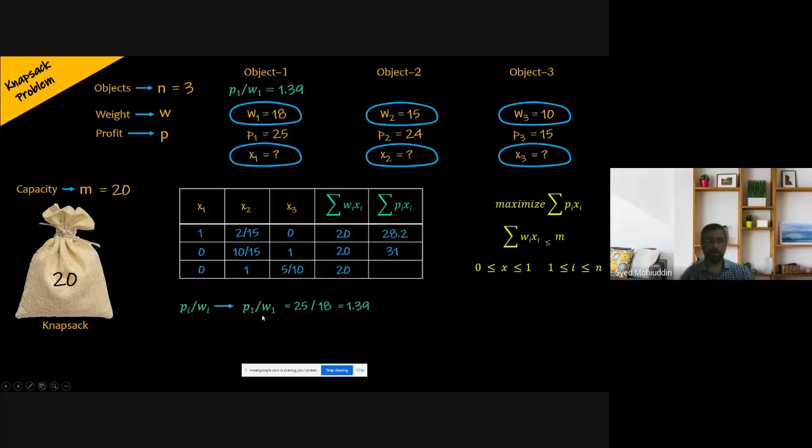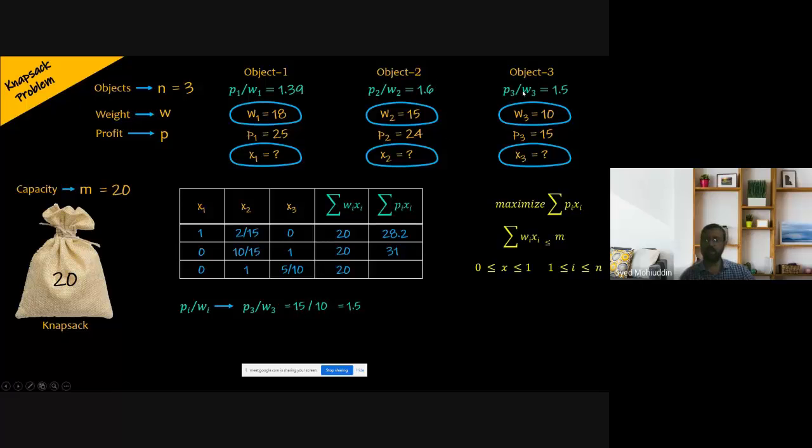So this P1 by W1 is 25 by 15, which gives the answer 1.39. So for object 1, the ratio P1 by W1 is 1.39. In the same way for object 2, it is P2 by W2, which is 24 by 15, which is 1.6.